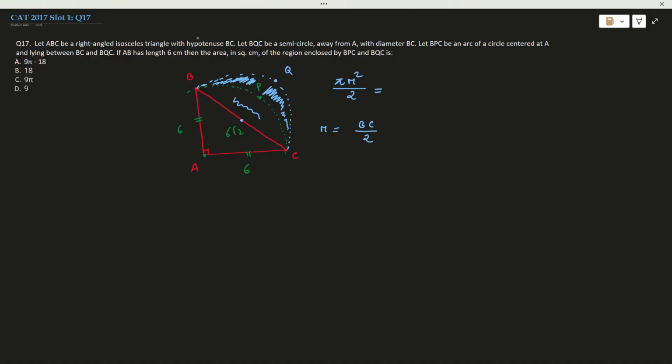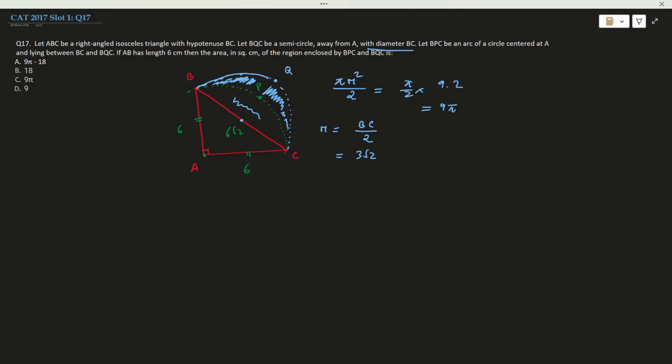Why? BC is the diameter, it is told, right? Diameter BC, that means BC by 2 will be the radius. What is BC? BC is 6 root 2, that means 3 root 2. So r square will be, so pi by 2 into r square is 9 into 2 is equal to 9 pi.